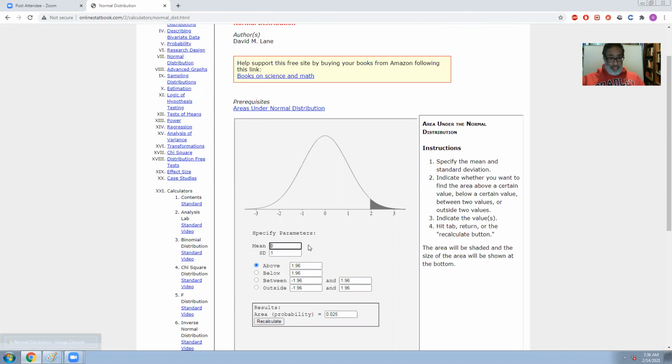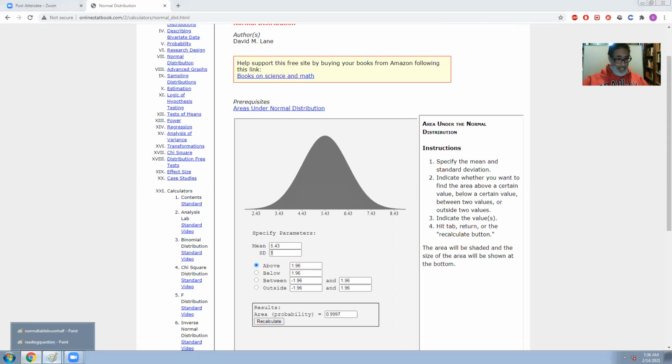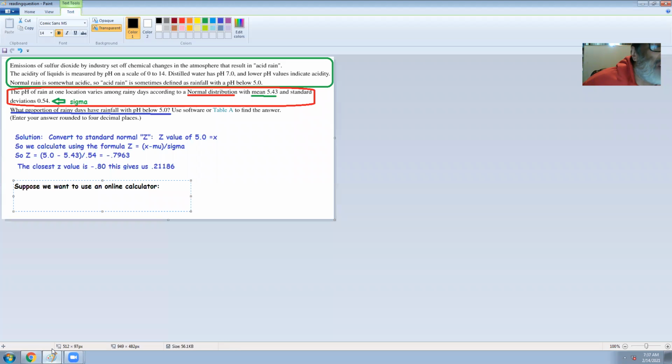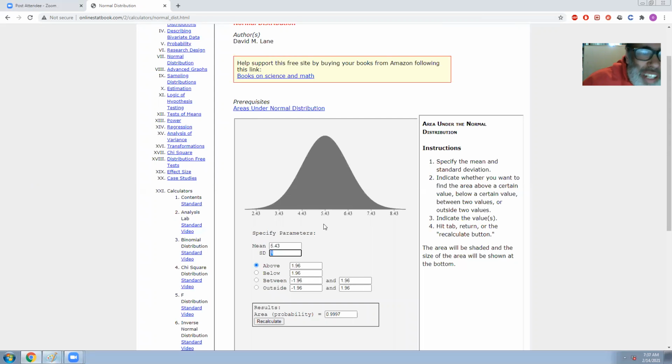So let's go down here. 5.43. And our standard deviation, I better look this up again. I can't hold anything in my head. 0.54. So we put that in there.